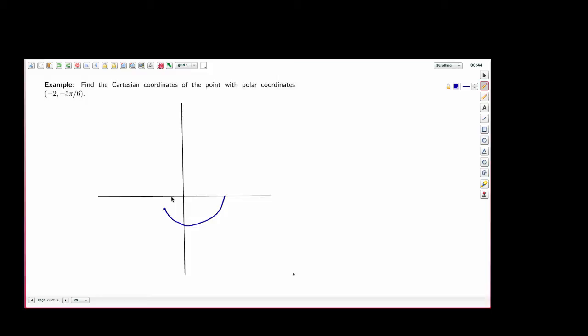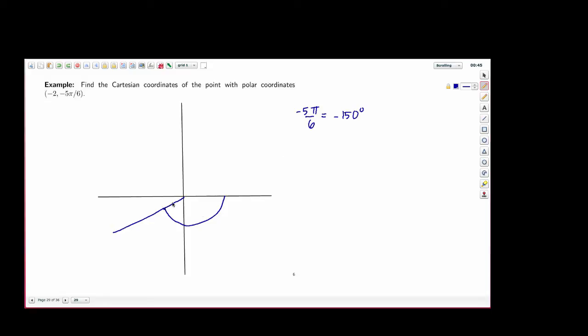So we get our angle -5 pi over 6 is this guy. It may be useful to remember your connections with degrees to visualize some of these. So this is negative 150 degrees, so 30 degrees away from -180.